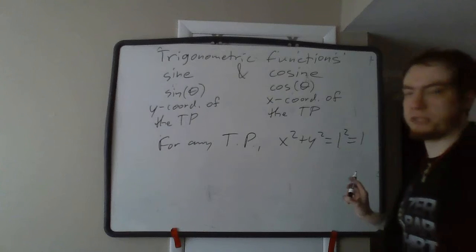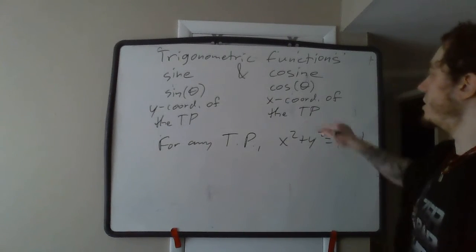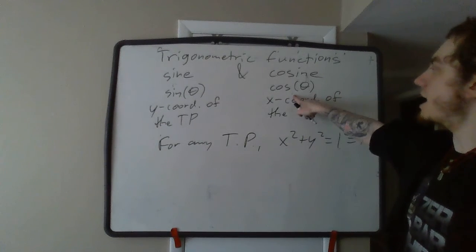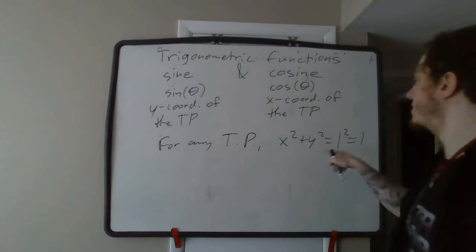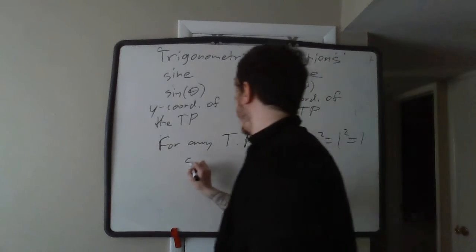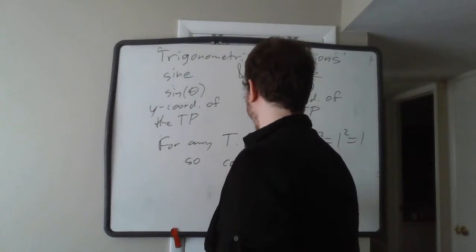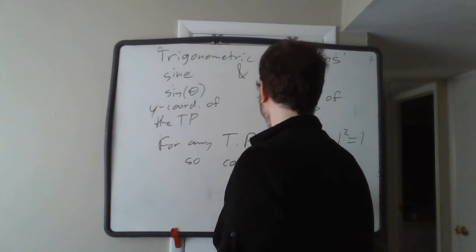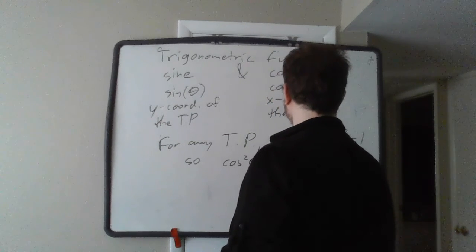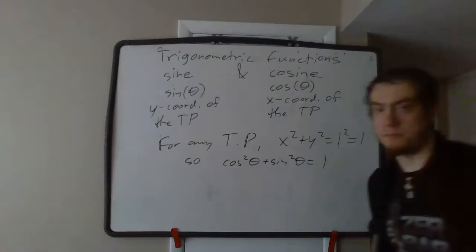Well, 1 squared is really just 1. And if the x-coordinate is the cosine and the y-coordinate is the sine, then this gives us cosine squared theta plus sine squared theta equals 1.